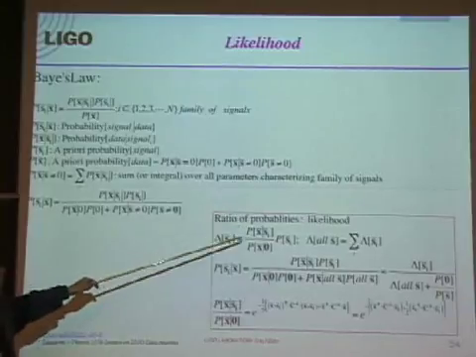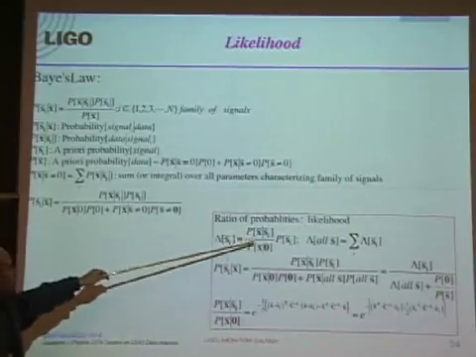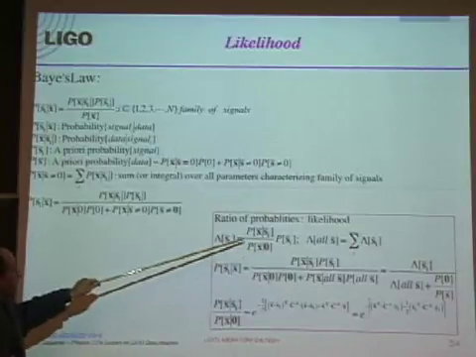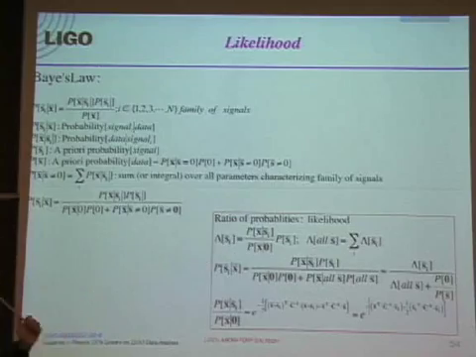The likelihood ratio, big Lambda, the Greek lambda, is then defined as proportional to the ratio of probabilities of the data given a signal versus the data given no signal.